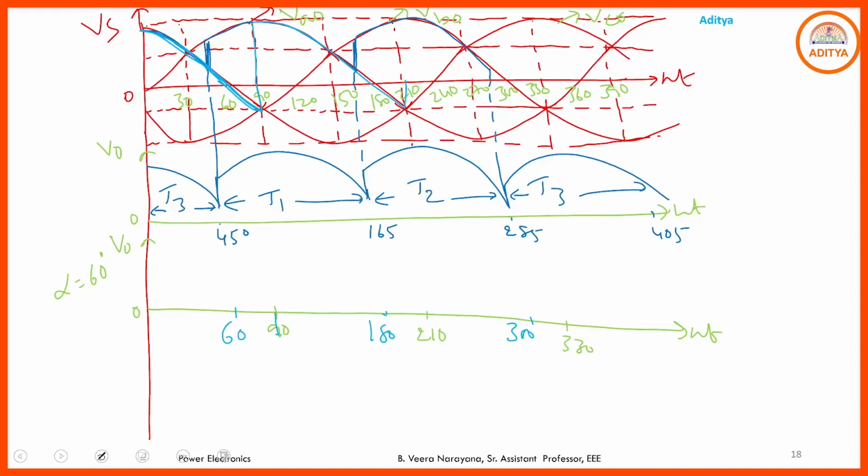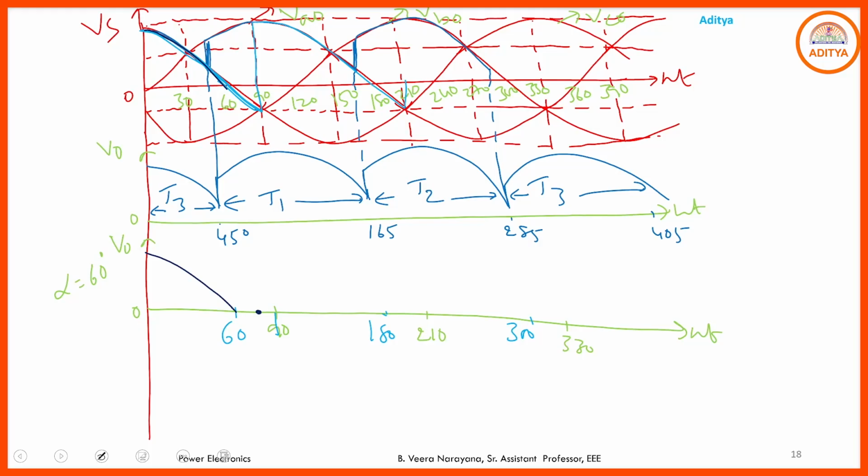For alpha equal to 60 degrees, I just want to draw the discontinuous conduction mode waveform. So observe here, 0 to 60, no problem, T3 will be in the on state, hence we have the positive portion. Due to this, some energy must be stored in the inductor, and assume the extinction angle is taken as 15 degrees. That means after the positive half cycle, for 15 degrees the SCR will be maintained in the on state due to the conduction of the thyristor.